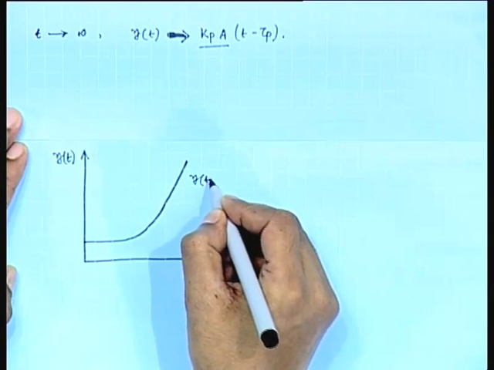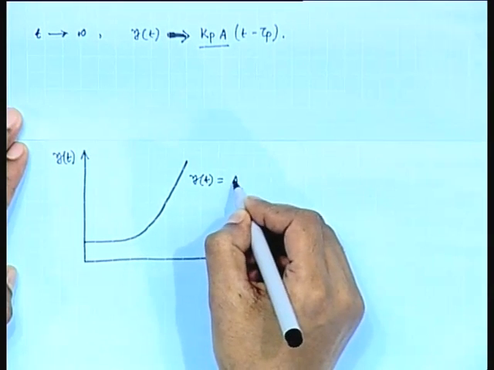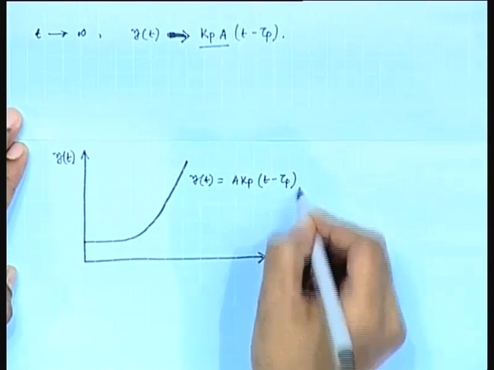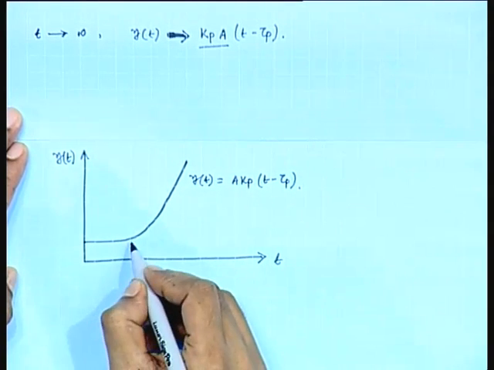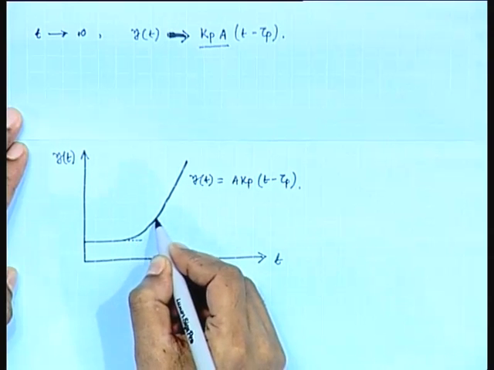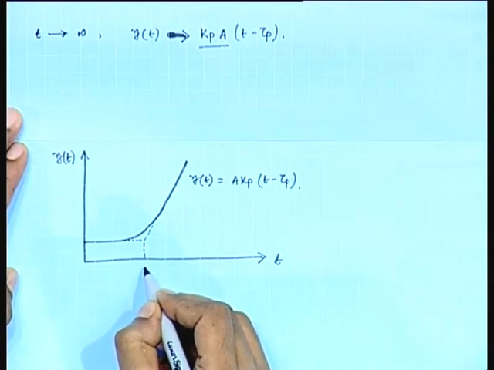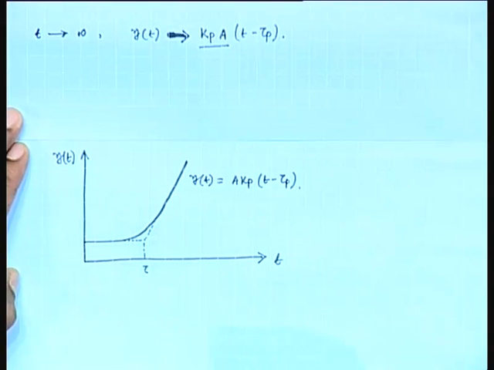This is y(t) equal to A Kp (t minus tau p). This is the tau, I mean tau p, this is 0.